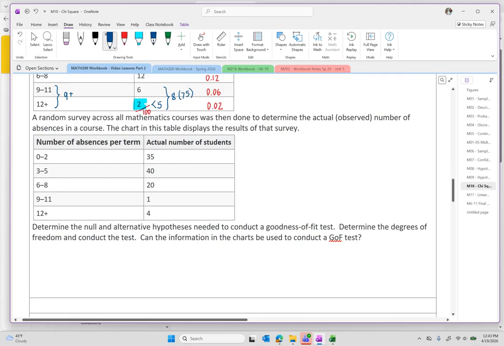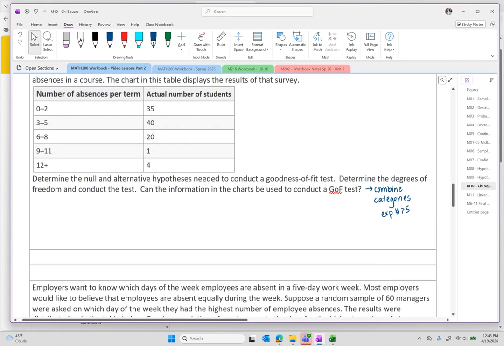So here we have to combine categories. We want to have expected counts that are greater than 5. Therefore, now we will have 4 categories.